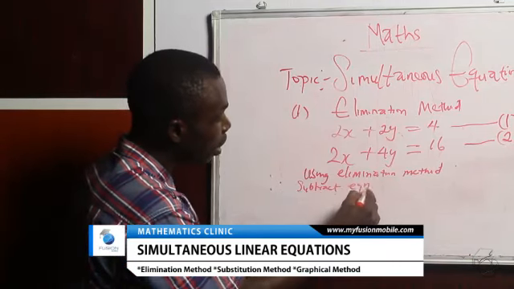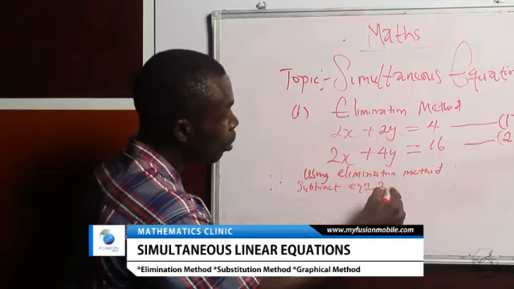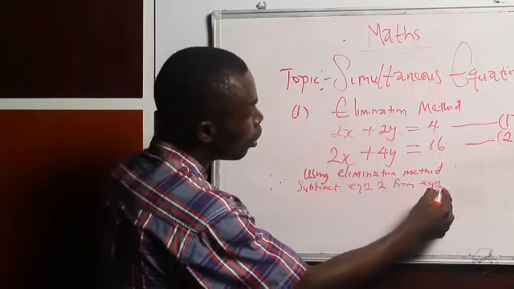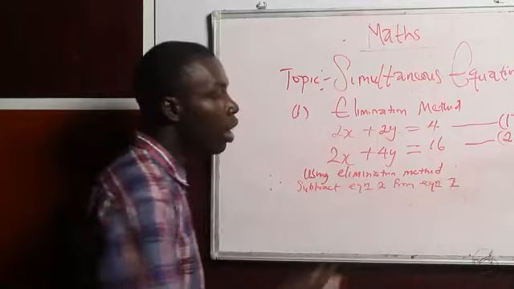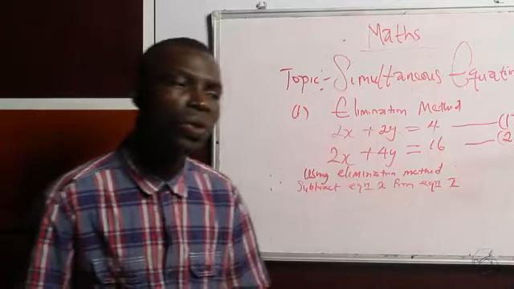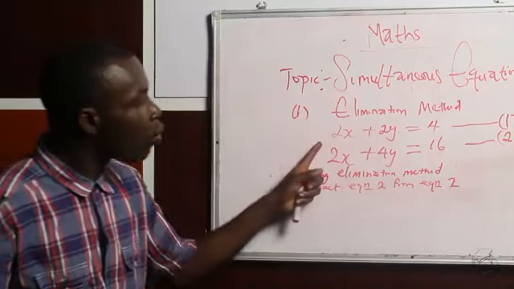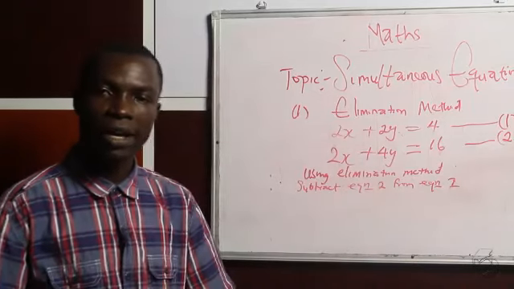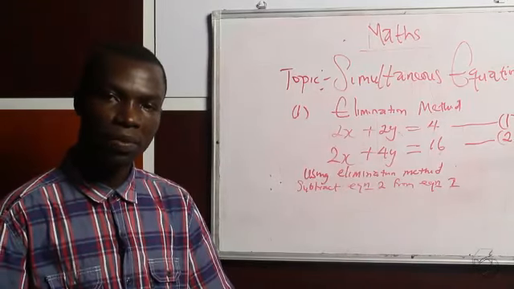subtract equation 2 from equation 1. Why do we subtract equation 2 from equation 1? Because we want to eliminate x so as to find the y variable.